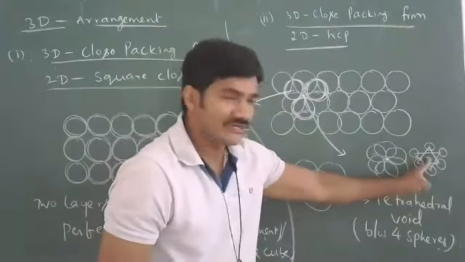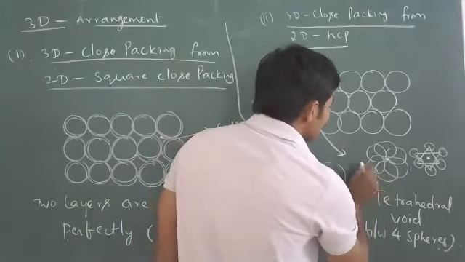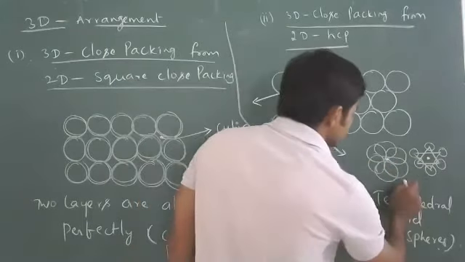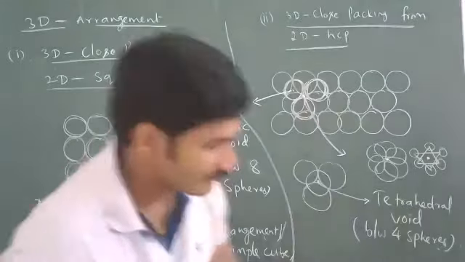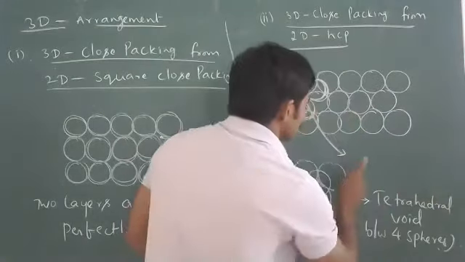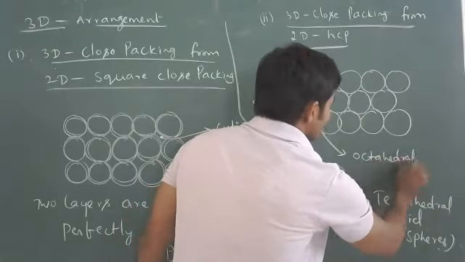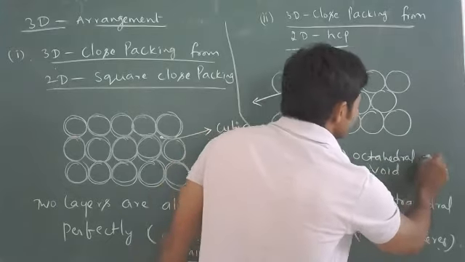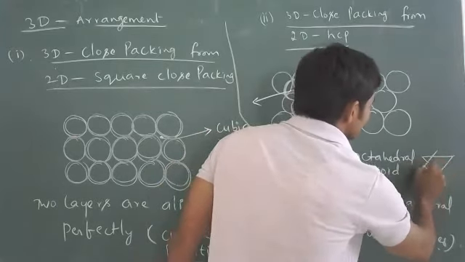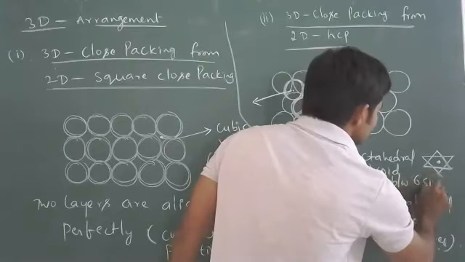Between 6 atoms, you can see a gap. That gap I'm writing here as octahedral void. Write this as octahedral void. This is between 6 spheres.